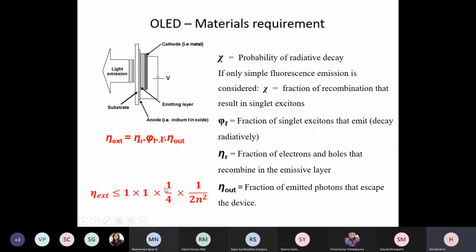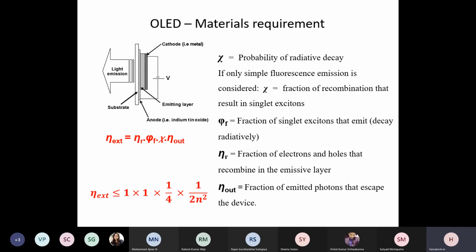So the upper limit would be how much? 1 by 4 times 1 by 2, so 1 by 8. So the efficiency of a fluorescent organic LED in this kind of device cannot go above 1 by 8, which is about 12.5% efficiency, which means the absolute maximum limit for a fluorescent OLED would be 12.5%, which means it is going to use 12.5% of the electric energy to generate the light.